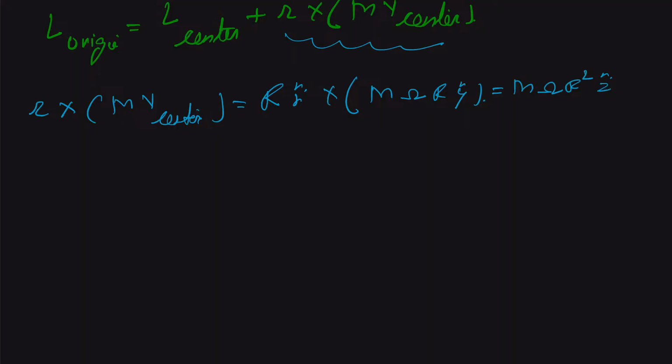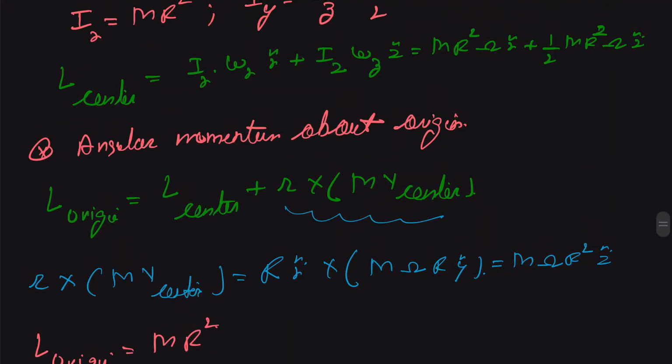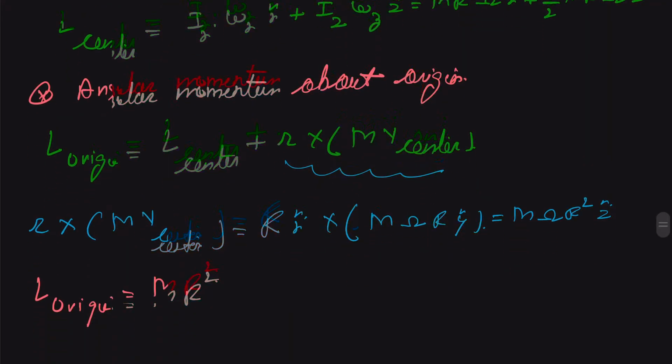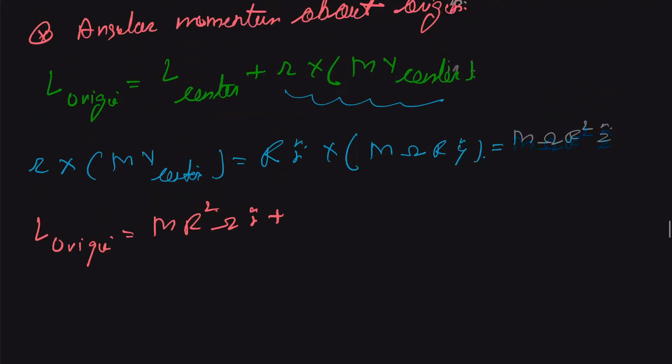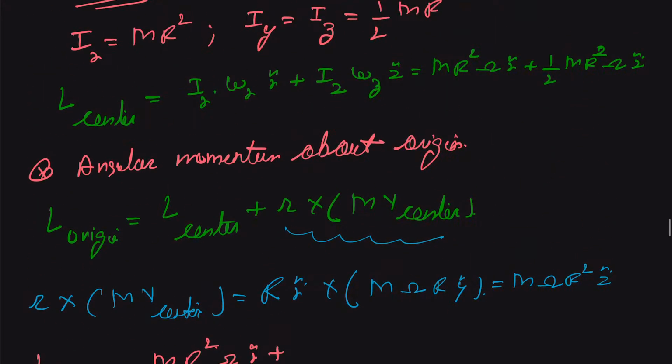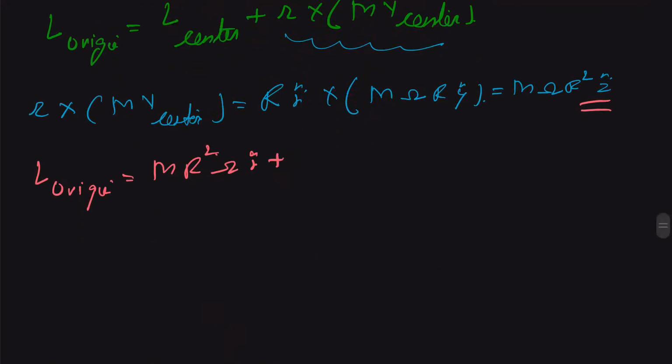So we get our L origin. L center we already know is m r square omega x unit vector plus, and here both terms are along the z unit vector, so we can take it common.